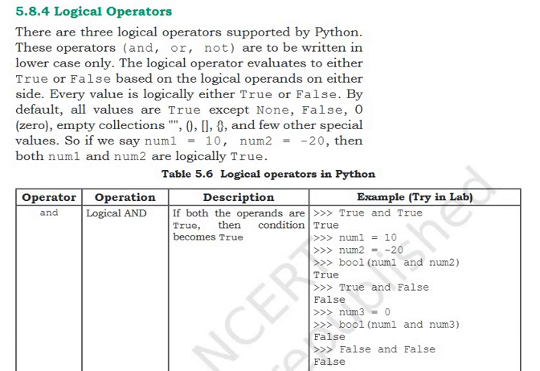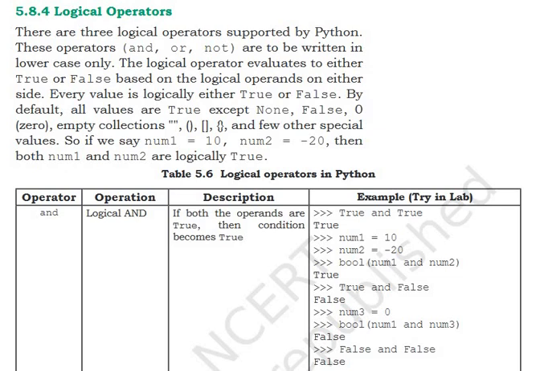Logical operators. We have 3 logical operators in all the programming languages: and, or, not. The logical operator evaluates to either true or false. So we have 2 variables here, num1 is equal to 10 and num2 is equal to minus 20.